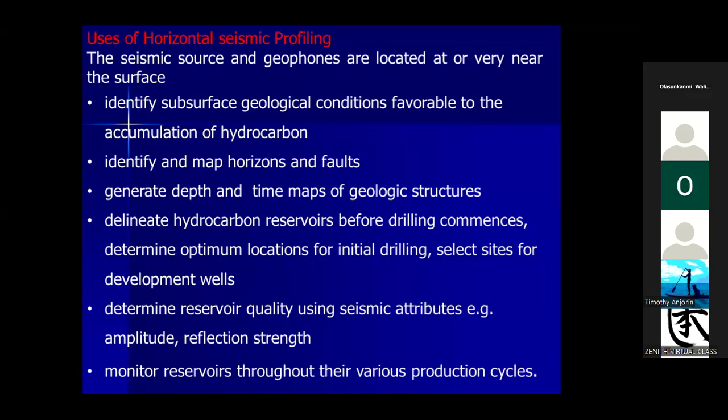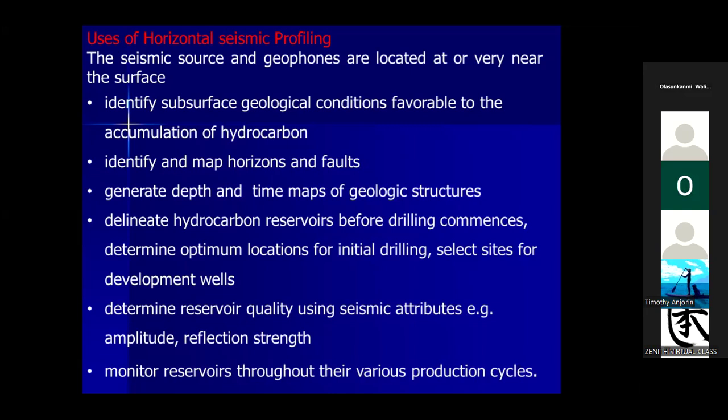Let's say we have acquired our seismic data and identified some structures that indicate we might have hydrocarbon accumulation here. It gives us a clue of where to drill. We now want to drill a well to confirm: is there truly hydrocarbon at that spot? So that is drilling, to confirm the presence of hydrocarbon.